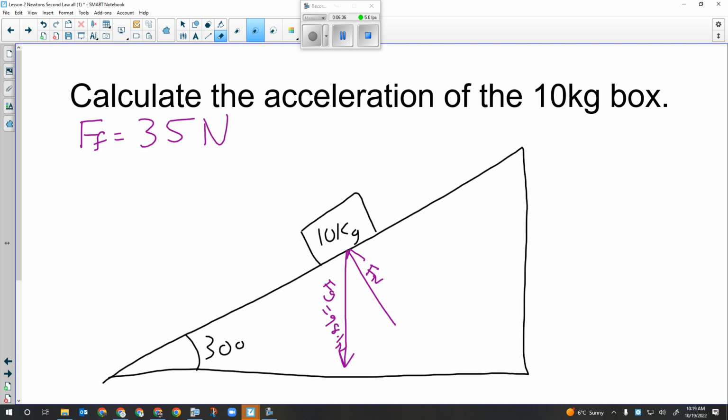Like that. Okay, so I've just drawn the two forces that are acting on that box like I would any other vector quantities. I drew them tail to head.